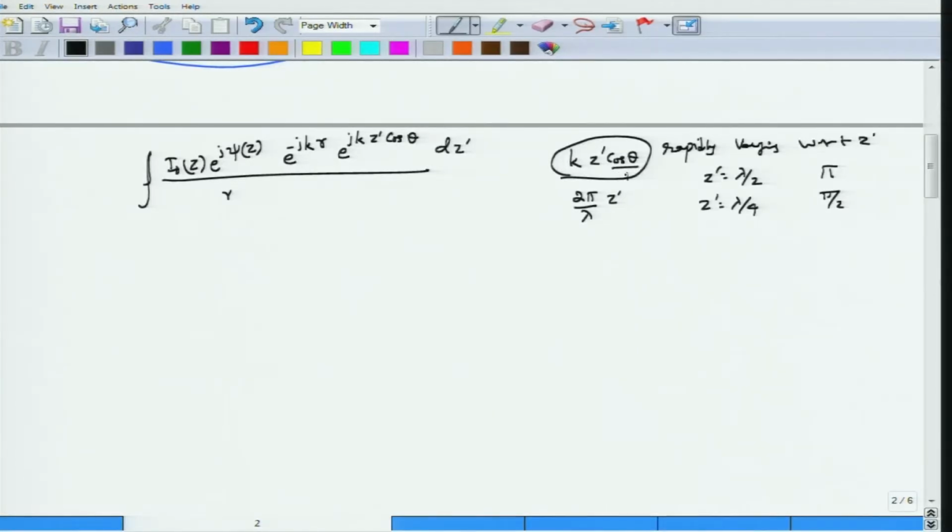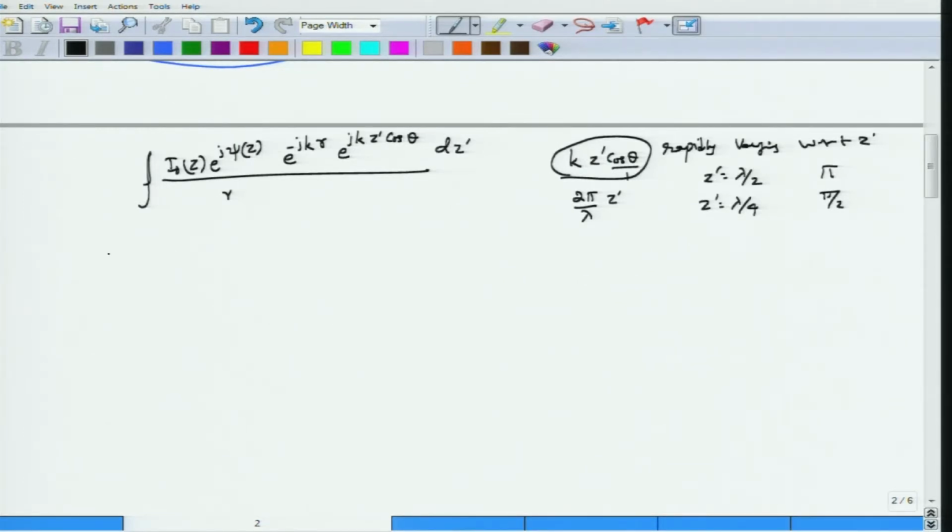So, we just leave everything as it is. I know that e power minus j k r, which corresponds to the propagation delay converted into the phase part, is not a function of z. So, I can move this e power minus j k r outside, and I can also move this r outside.